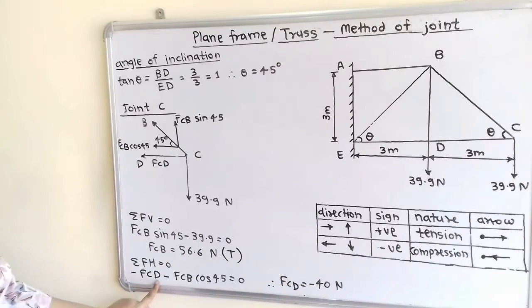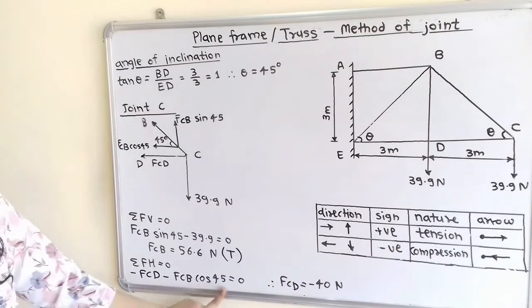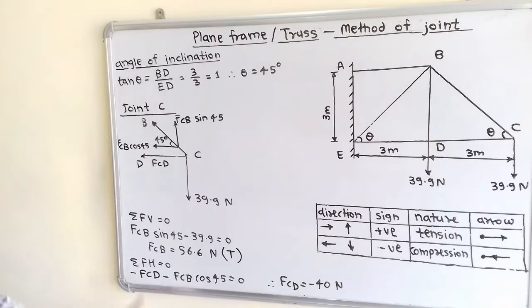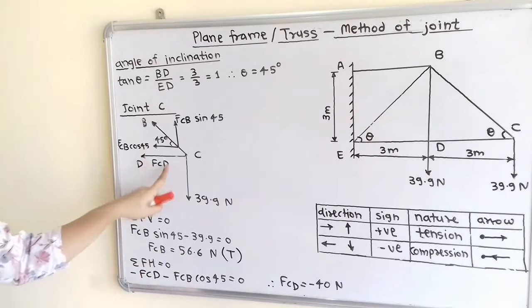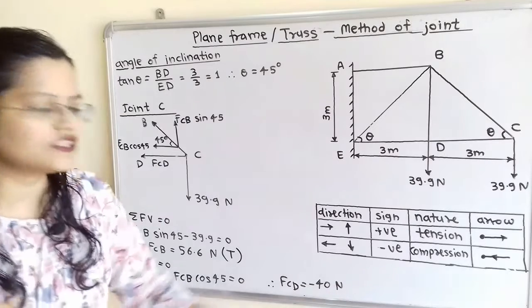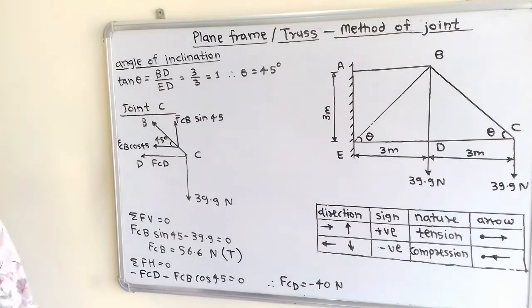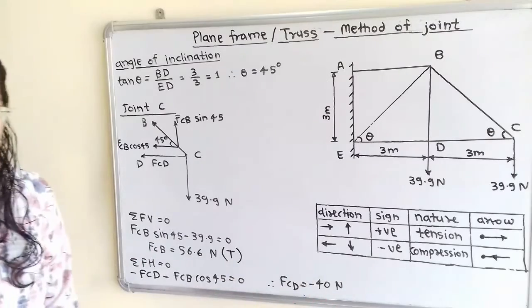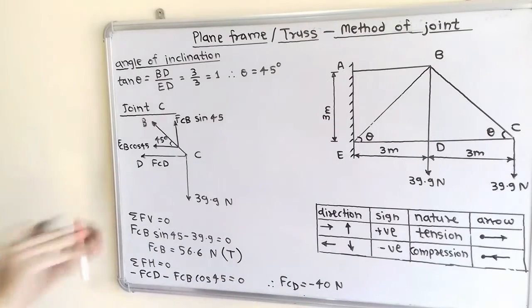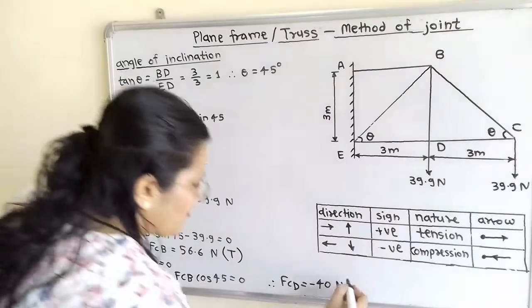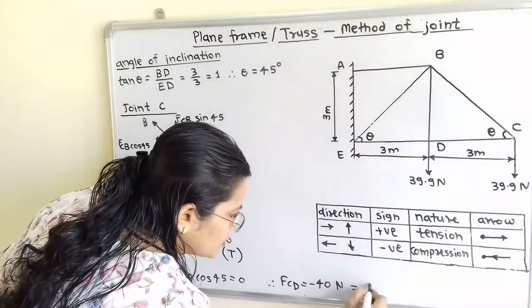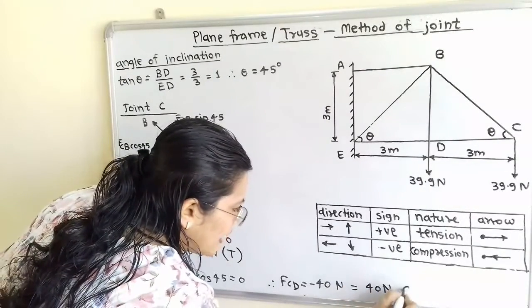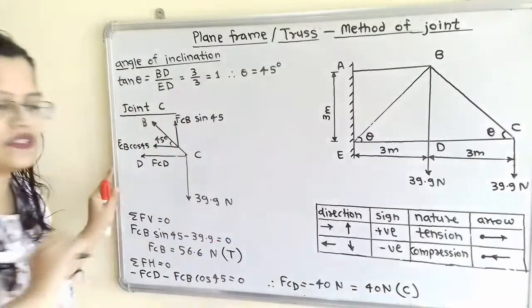So minus FCD minus FCB cos 45 is equal to 0. When we solve this, we get FCD equal to minus 40 Newton. Here is a negative sign, and for this negative sign, how can we decide the nature? The nature is compression, so we take the positive magnitude 40 Newton and in brackets write compression.